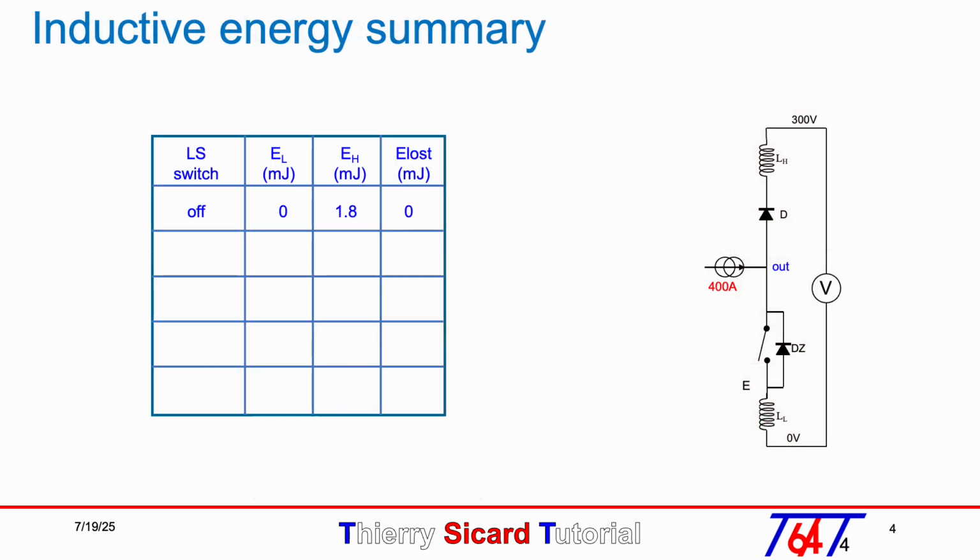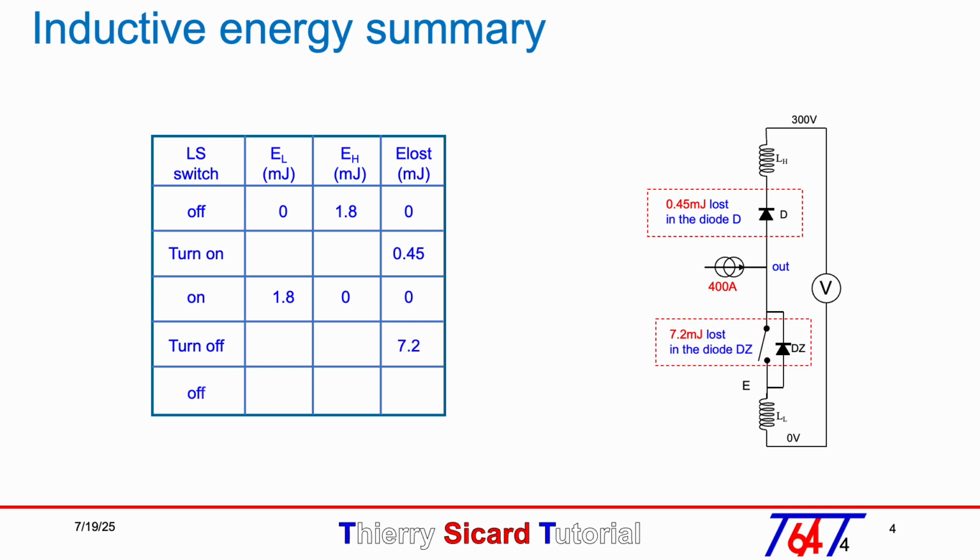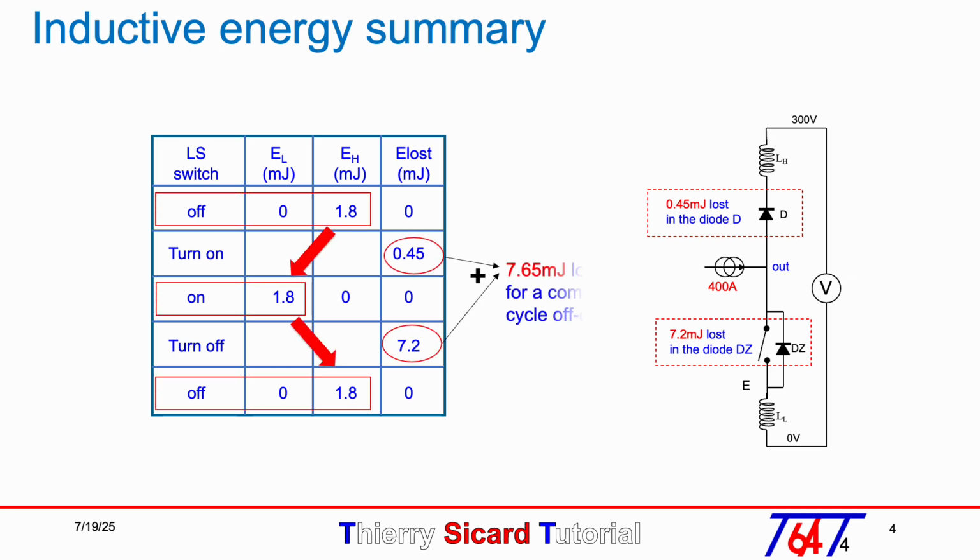In summary, from the initial state of the low side switch to the on state, we lose 0.45 millijoule in diode D. From the on state to the off state, we lose 7.2 millijoule in the clamping diode DZ. So, to transfer the 1.8 millijoule energy from LH to LL and back to LH, we lose 7.65 millijoule.